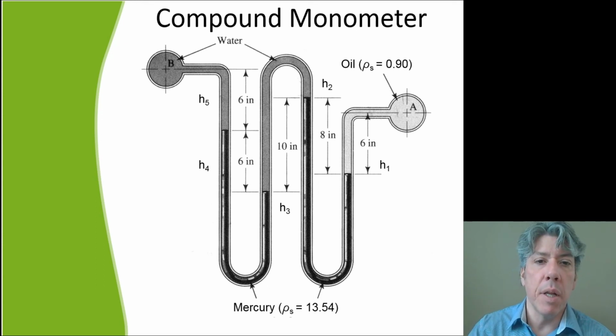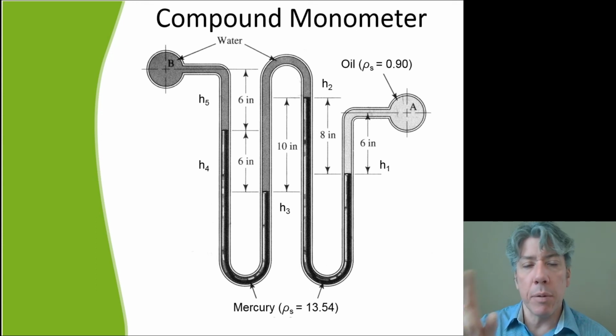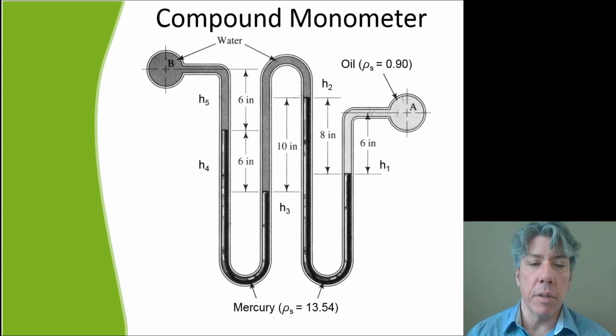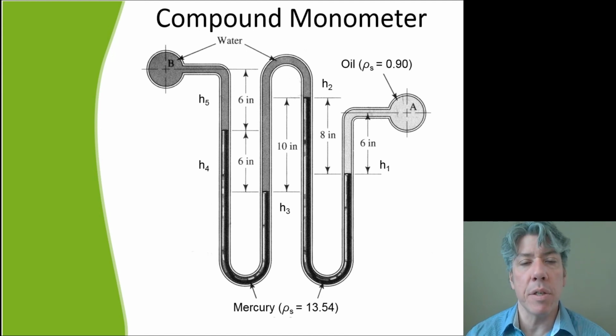So for example, if we're down in the mercury in that first bend on the left-hand side, H4, we don't really have to consider how far down the mercury moves beyond the level of the water in that middle bend, right? All we need is the depth of the mercury from the top of the mercury to the same level in that mercury on the other side of the bend. So that 6-inch dimension is all we really care about.